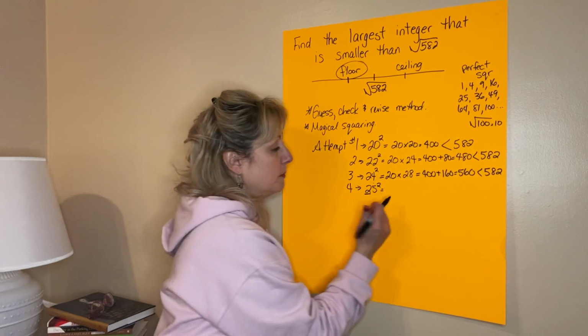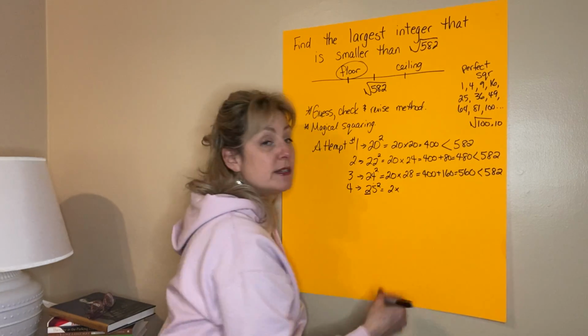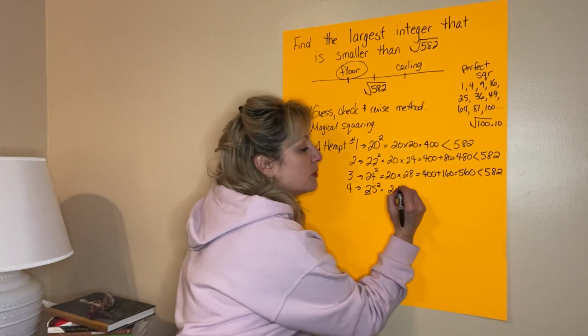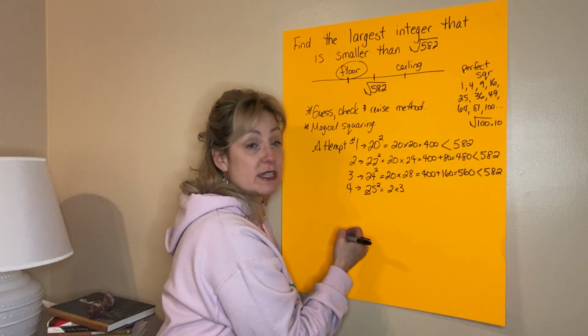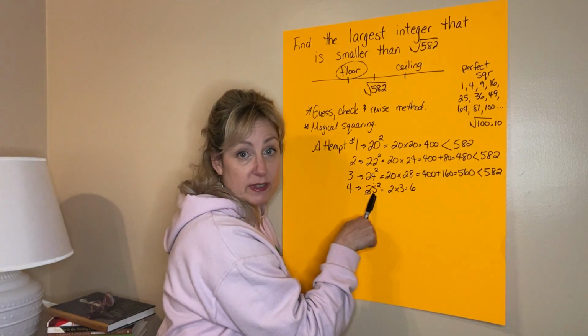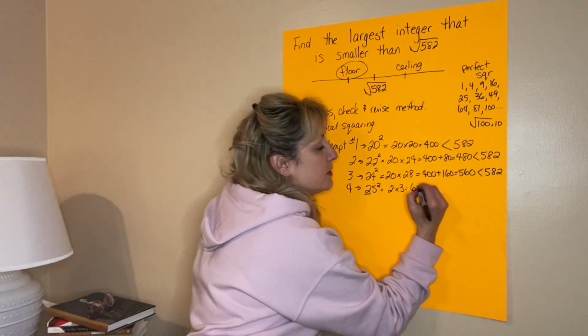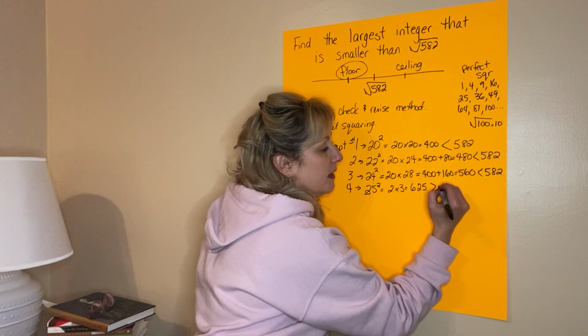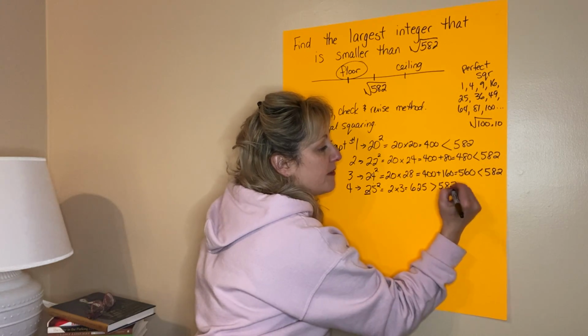So here we've got 2. You multiply it by a number that is 1 integer above itself, so 3. So this is 6. And then you go 5 times 5, which is 25. So it's 625. And that's greater than 582.